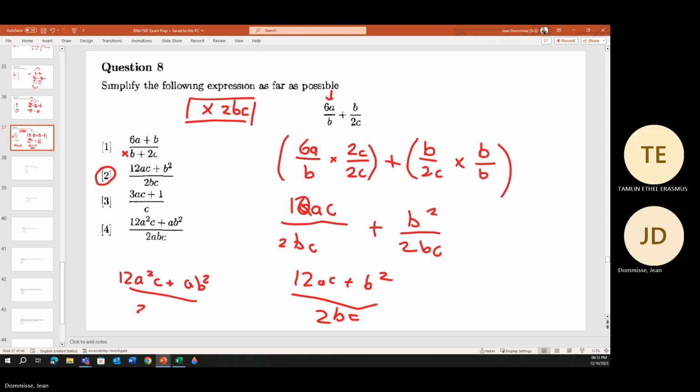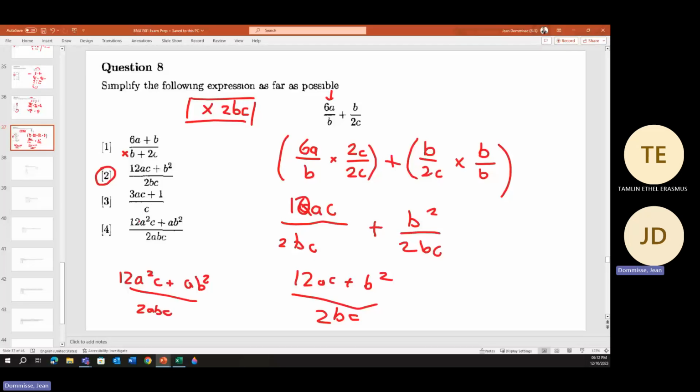So then the opponent would have just added an extra a, which would have given you option 4, but again, you need to simplify the following expression as far as possible. So here you should have been able to say, okay, I can still cancel out the a's.